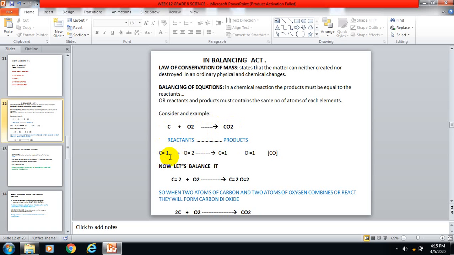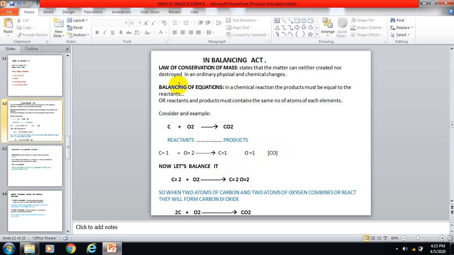Now look at carbon. Here we have only one carbon, plus we have two oxygens, yielding C1 and oxygen 1. Understand? So CO will form, which is not carbon dioxide. This is carbon monoxide.